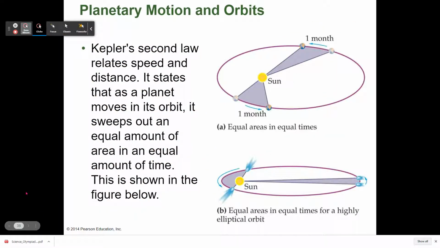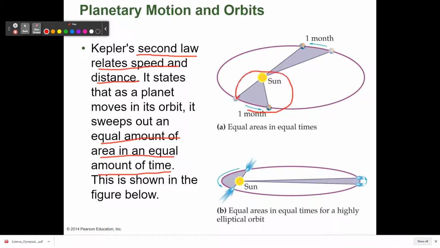All right. Kepler's second law. Kepler's second law relates the speed and the distance. It states that as a planet moves in its orbit, it sweeps out an equal amount of area in an equal amount of time. So if you look at these 2 diagrams, this is 1 month of time.